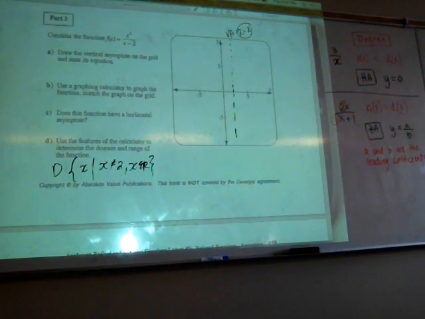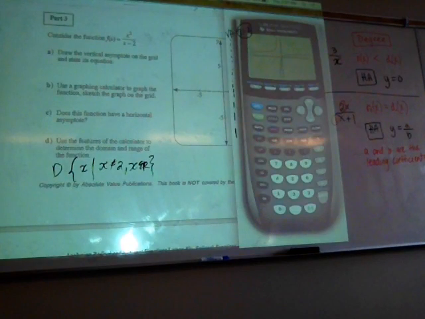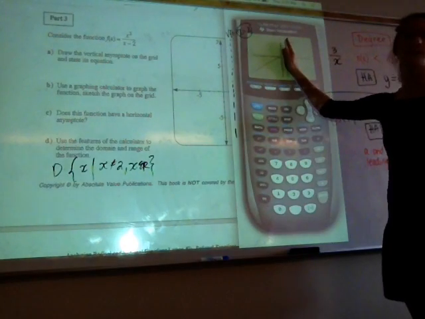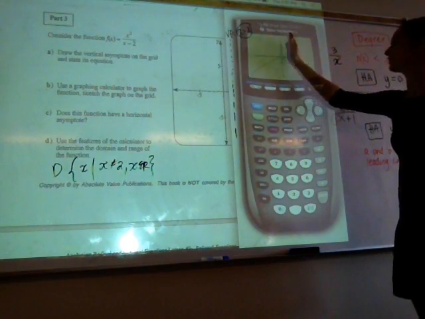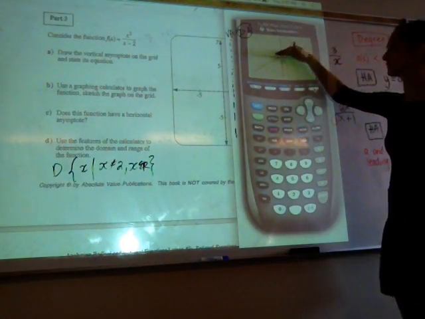Okay, now let's graph this. So x squared divided by x minus 2 in brackets. In the last few examples we've seen a very distinct vertical asymptote and a very distinct horizontal asymptote.